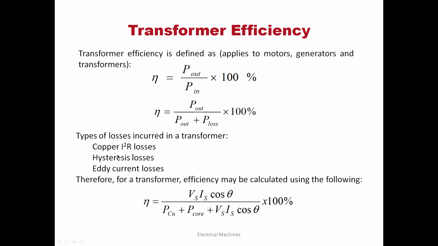Now there was a question in all DTO: different types of losses occur in a transformer. There is a copper loss due to primary and secondary winding resistance. Second is core loss, which consists of hysteresis and eddy current loss. Here we refer to the secondary side, please.